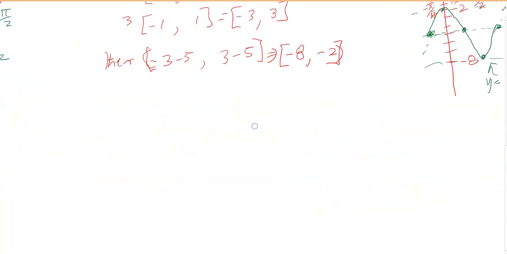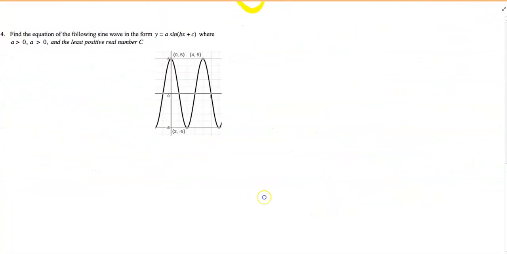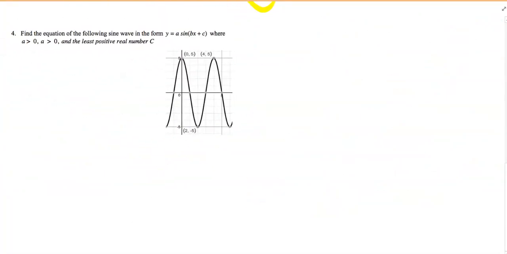Alrighty, let's do another example. Find the equation of the following sine wave. We want a to be greater than 0, b to be greater than 0, and we want the least positive number c. So we're in y equals a sine of bx plus c.